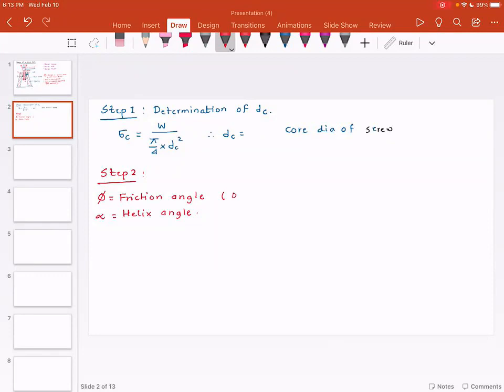It could go anywhere from 0.1 to 0.3. Helix angle could go anywhere between 7 to 14 degrees. Again, that depends upon the design consideration. So we will have to refer to the design data book and find out the appropriate values of friction angle and helix angle. So, determine torque.